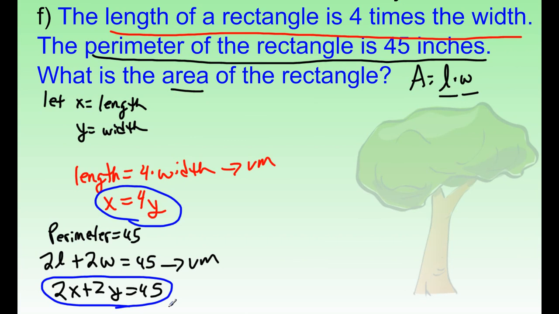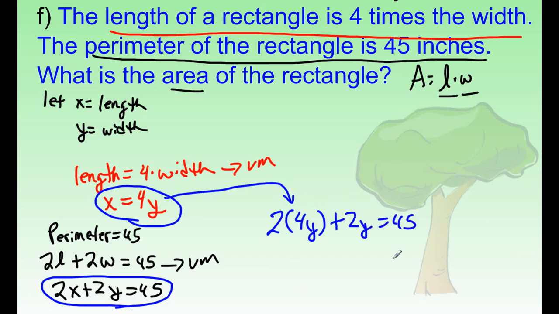Looking at them, I'm thinking this is a substitution problem because this is already solved for x. So all I have to do is take 4y, plug it in here, solve the equation, and we'd be good to go. So I'm going to take my 4y and plug it in for the x in this other equation. So 2 times 4y, that's the substitution, plus 2y equals 45.